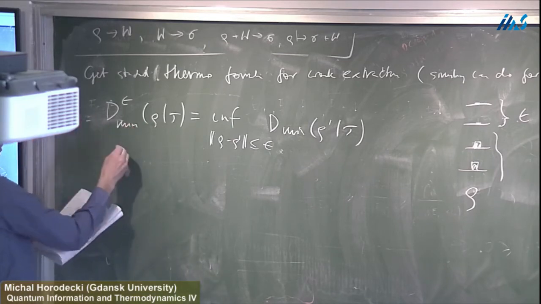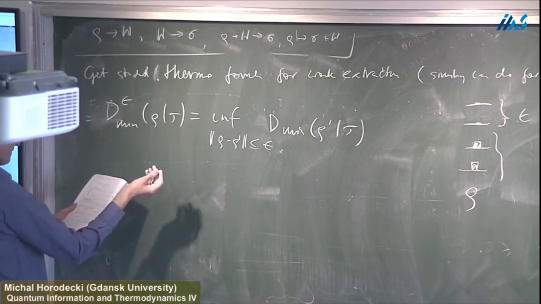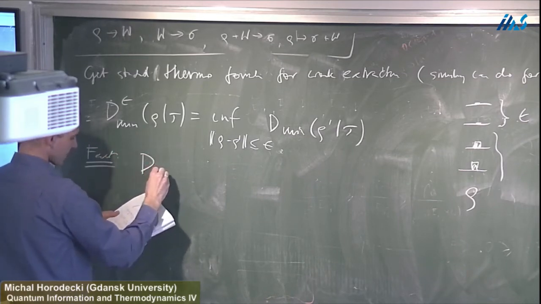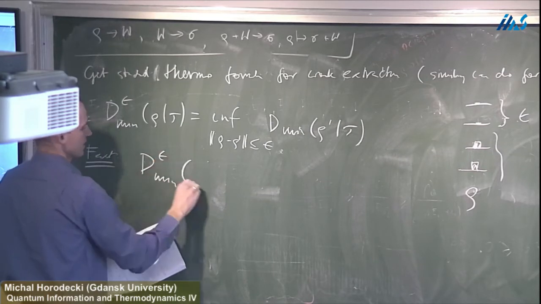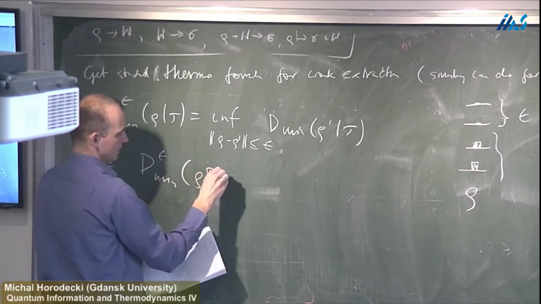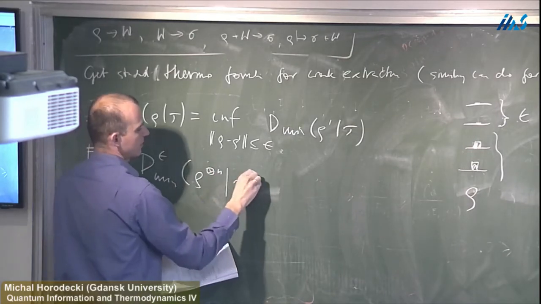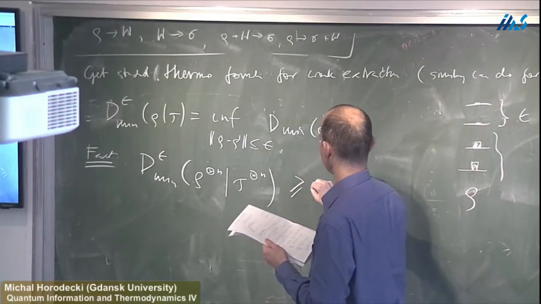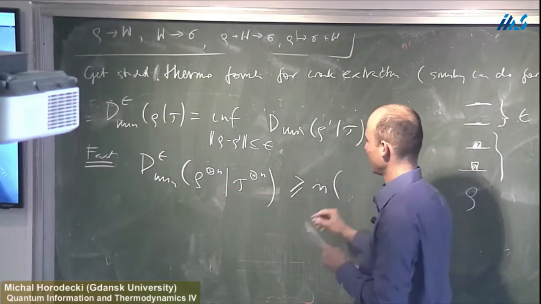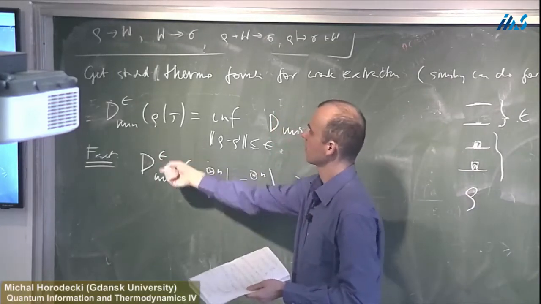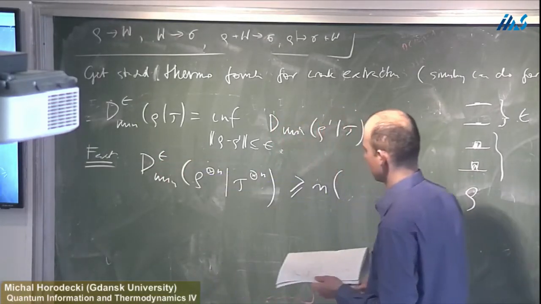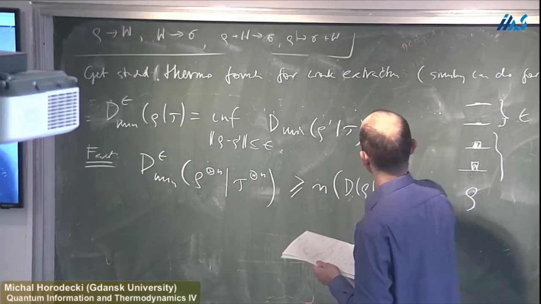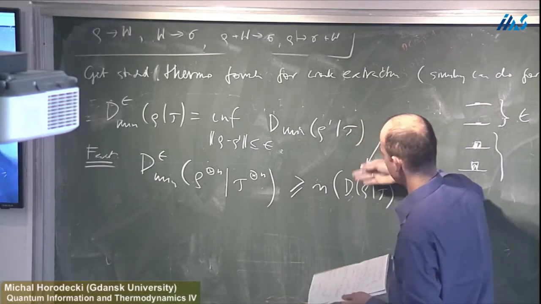Right. So this is the definition, and now there is a simple fact. If you take many copies of your system, then it turns out that this would be the amount of work where you risk the probability of failure epsilon, but that is still greater than the standard Kullback-Leibler, or standard relative entropy, right?